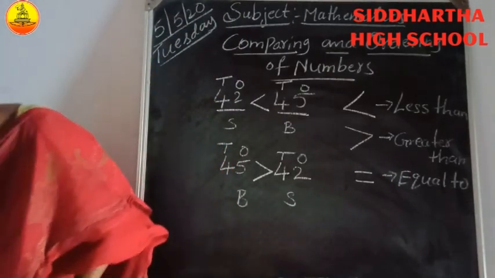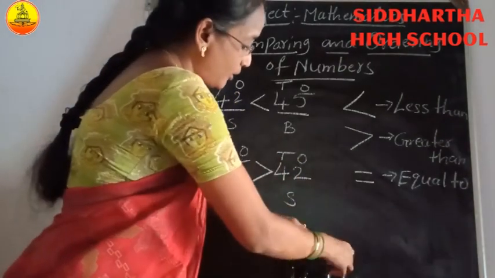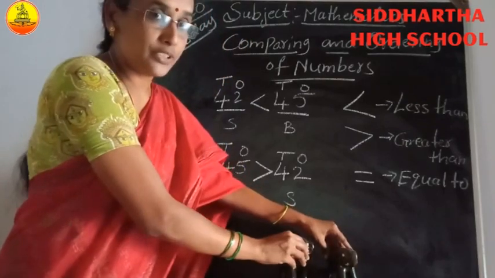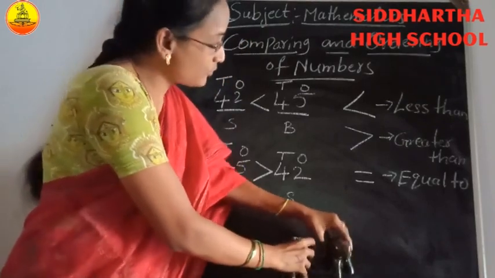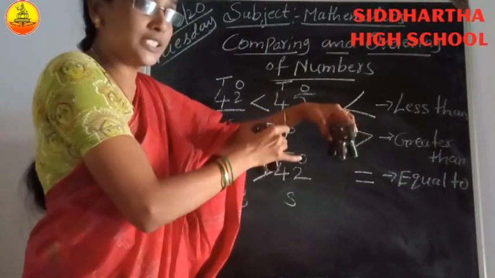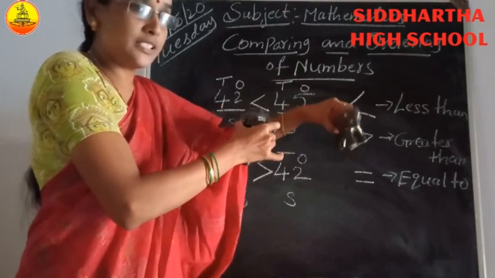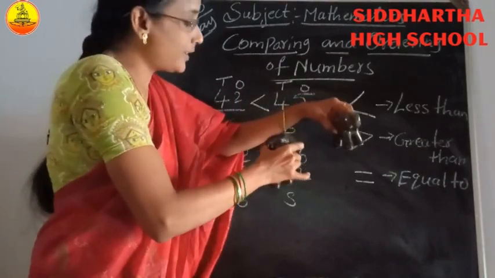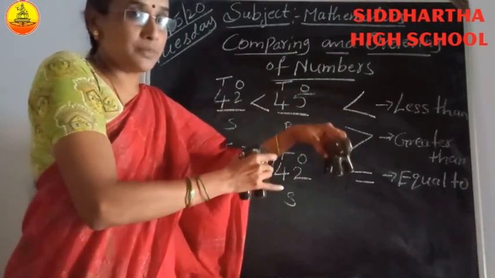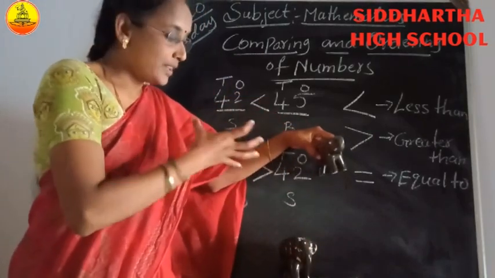See here, children. Here are two same toys, two elephants. Among these two elephants, which is big? This is big and this is small. When your mother gives you something, you immediately catch the big one. While catching the big one, your fingers are open on that side.